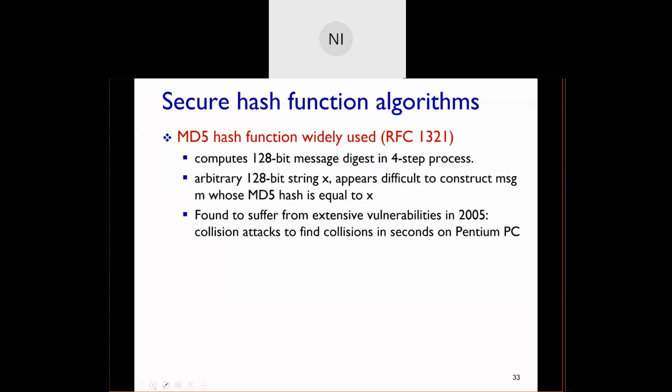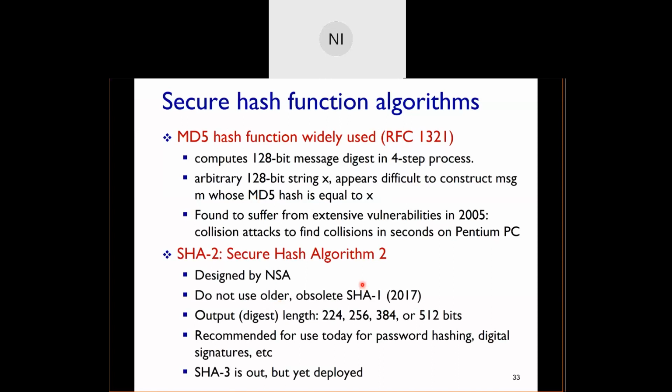So to address that, NIST has come up with the secure hash algorithm; SHA here stands for secure hash algorithm. Again, there is SHA1. In 2017, Google and many other companies found that it also has lots of vulnerabilities.